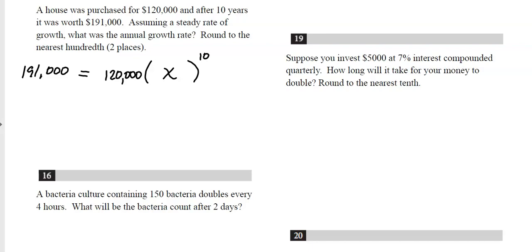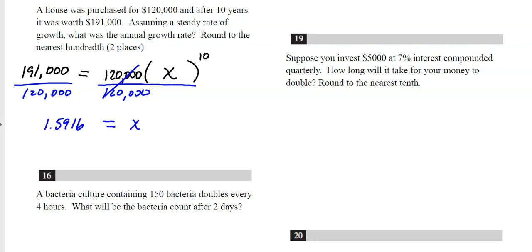This is not a logarithmic problem because I don't have a variable in my exponent, but this is an exponential growth problem. So what I'm going to do is isolate that x to the 10th. I'm going to divide this side by 120,000 and this side by 120,000, and I get 1.5916 equals something to the 10th power.